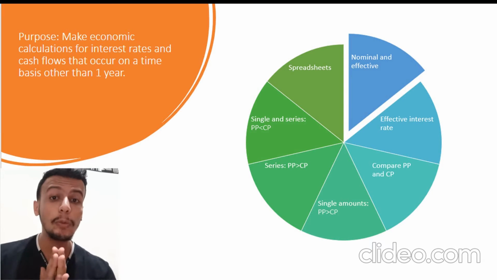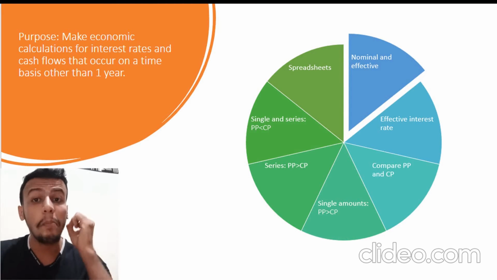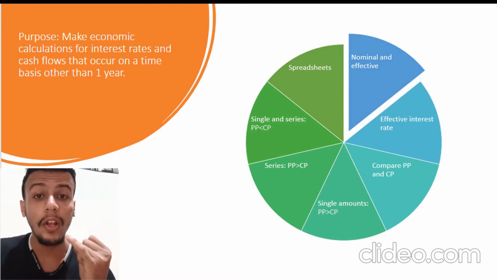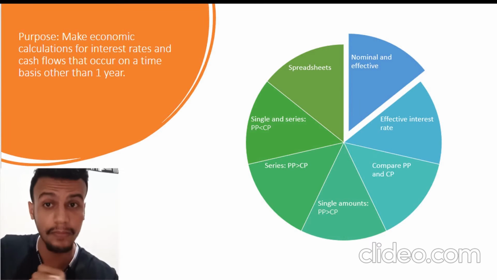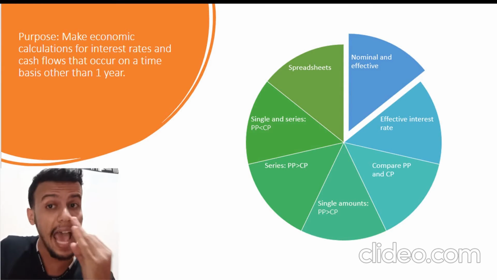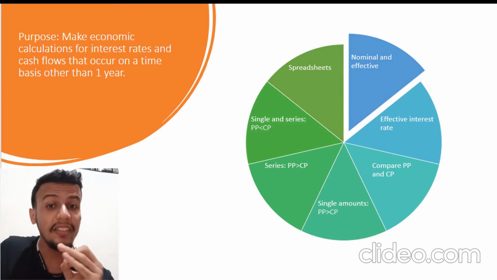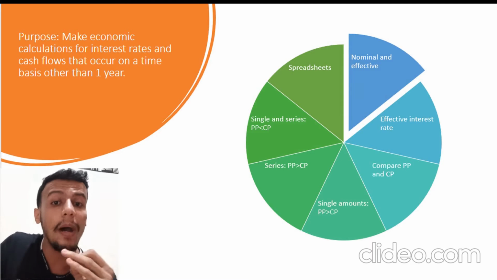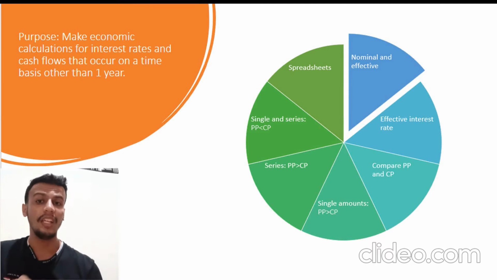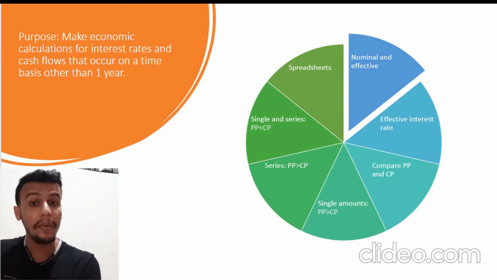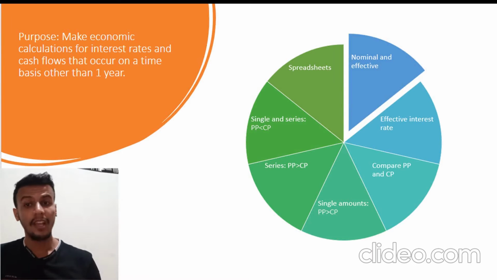And here we're going to talk about 7 points. The first point, nominal and effective interest rate, where we talk about the average of the benefit and compare between PP and CP.